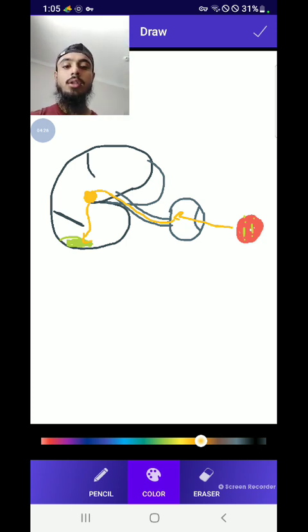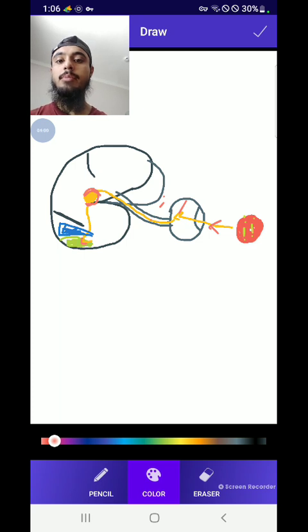Now the second area, which is just above in the occipital lobe, which I drew in blue color, is the visual association cortex. The information comes through this pathway, from the retina, the optic nerve, the lateral geniculate nucleus, and enters the primary visual cortex.